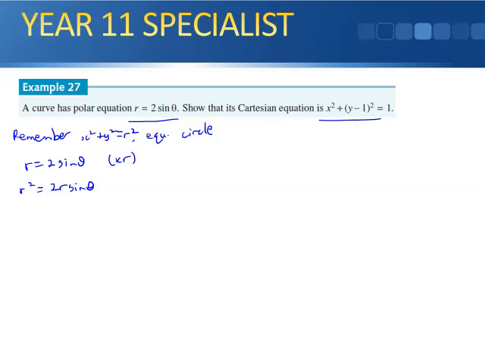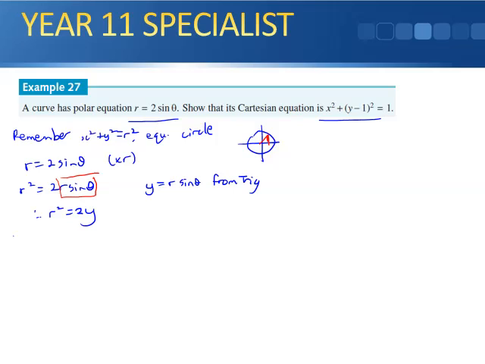But also from trig, we should remember that y equals r sine theta. Because remember, if we've got a unit circle and we're working out that part there, the y part is r sine theta. Therefore we get r squared equals 2y, because r sine theta equals y.